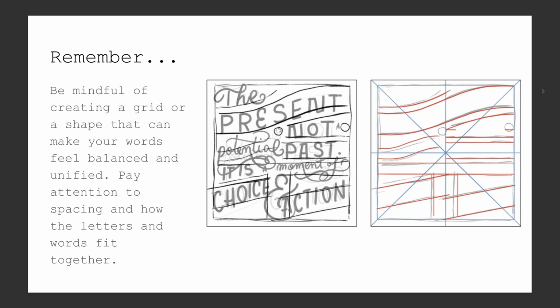The whole point of hand lettering is making sure that everything interacts in a balanced and harmonious way. So pay attention to spacing, and in your sketches, I would say include sketches of the grid and how the words are going to be gridded out in your final piece.